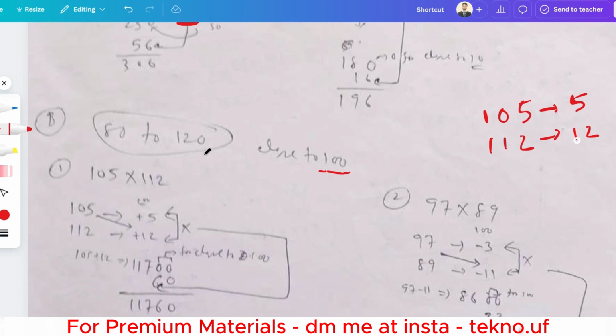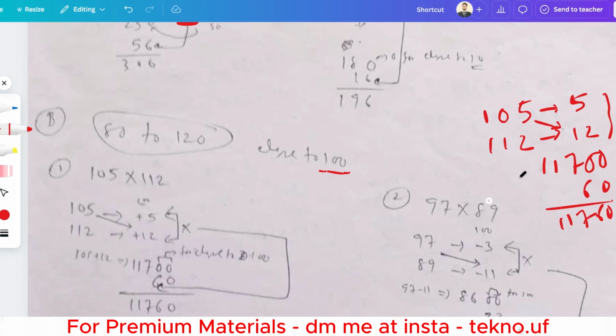Then what you have to do, you can add both numbers, or you can add this number, anything you can do. I am adding this: 105 plus 12, that is 117, and as this is close to 100, add 20. Then 5 and 12, this is what you have to multiply. 60. So 117 and 60 is the answer.